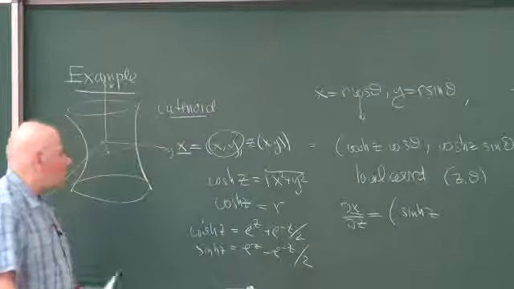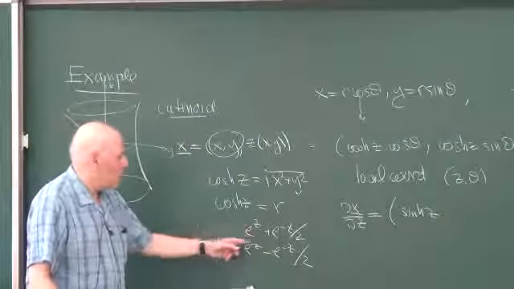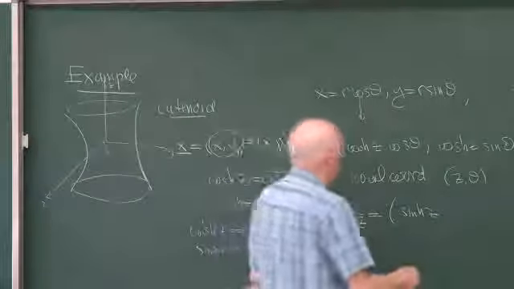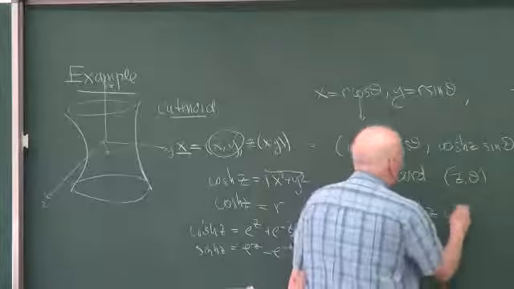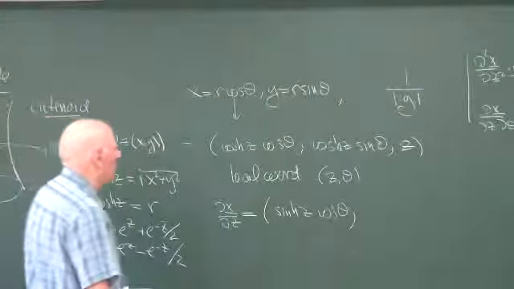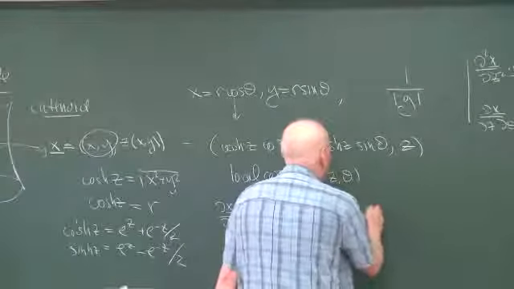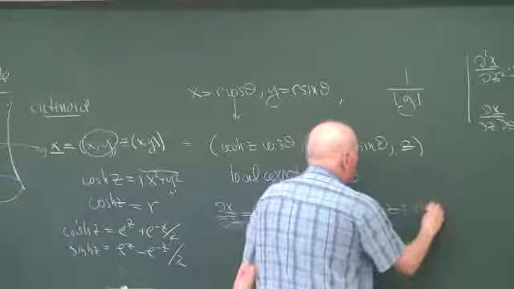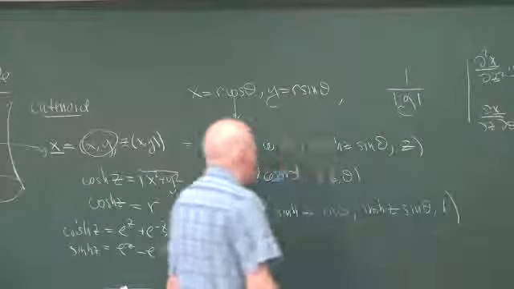So when I differentiate, they switch. I get hyperbolic sine z cosine theta, hyperbolic sine z sine theta, and the last one is 1.